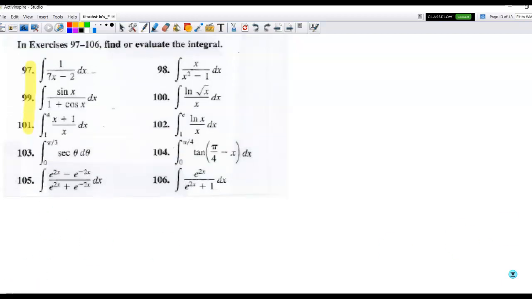So what do we got to remember? Plus C. Problem 97, I have a denominator of 7x minus 2. I have a rational function. So I am thinking in 97 of letting u equal to the denominator, 7x minus 2. The derivative is 7 dx, and I don't need the 7. So I'll get that out of the way.